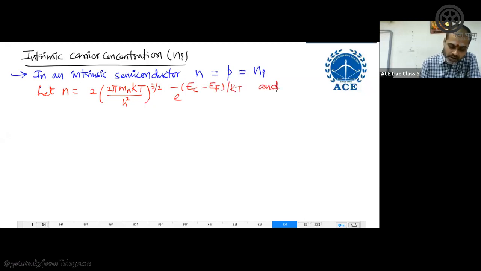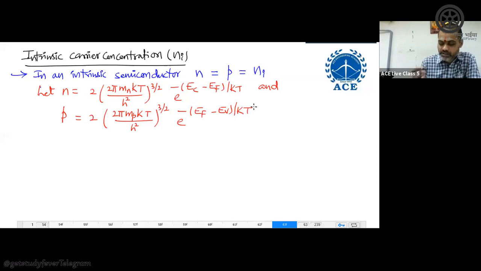And what is P? P is 2 times (2 pi mp kT divided by h square) whole power 3 by 2 into e power minus (Ef minus Ev) divided by kT.